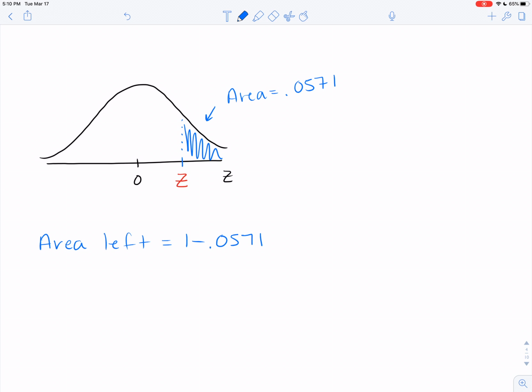So this means instead of using an area of 0.0571 to find the z-score, I'm going to use the area to the left, which would be 0.9429. Now, I can see from the picture this should be a positive z-score because we're above 0. I can also now see that from the area to the left, which is well over 0.5, that I'm in the upper region of the curve and I'm looking for a positive z-score.